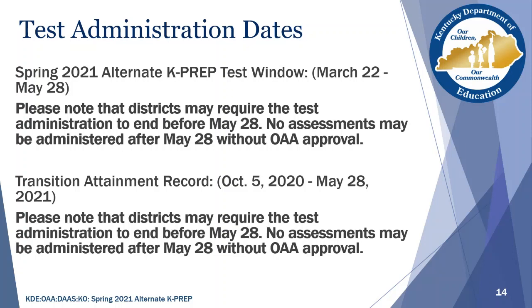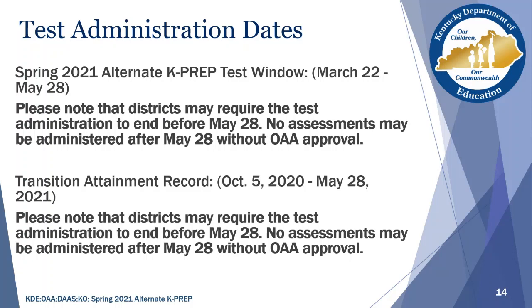Some of the information that you will see on slides 14 through 16 is repeated. And again, as I shared a few minutes ago, if I'm continuing to repeat it, it's pretty important by all means. As the slide shares here on 14, the test dates begin and end on March 22nd and May 28th. There is also some additional clarification here about start and stop dates following district and state requirements.